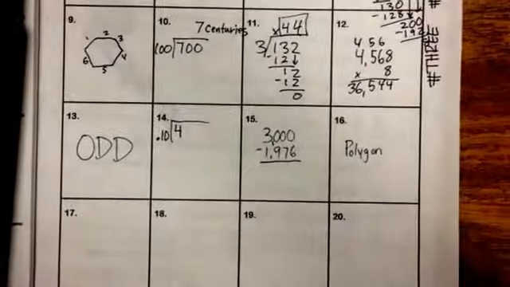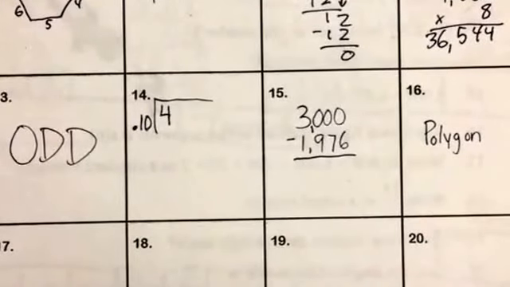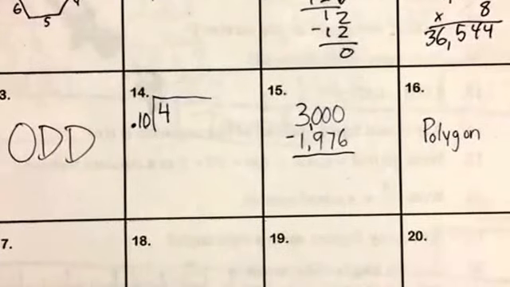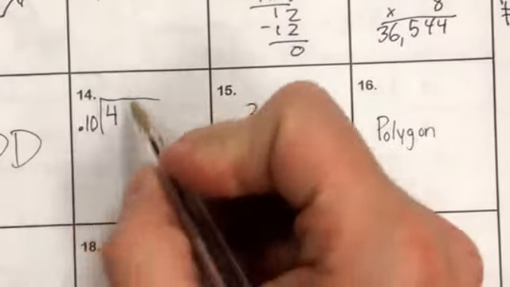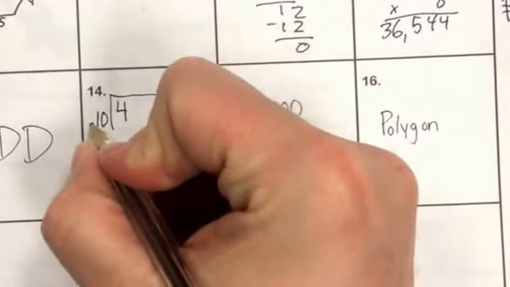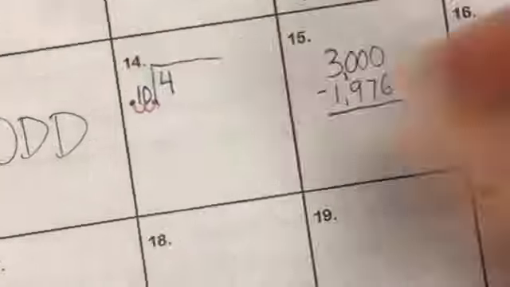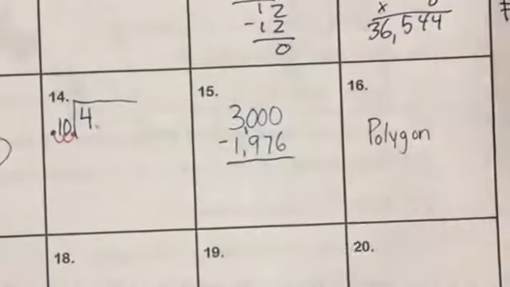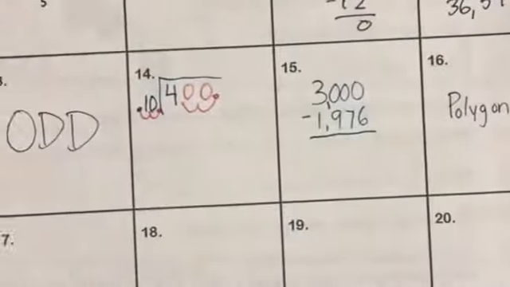I have set up that problem here with the 4 on the inside of my box and my 10 cents on the outside of the box. But you should have remembered from homework last night that you cannot divide a whole number by a decimal. So I need to change this into a whole number by moving the decimal over 2 places. Then we also have an imaginary decimal right here that I'm going to move over 2 places.